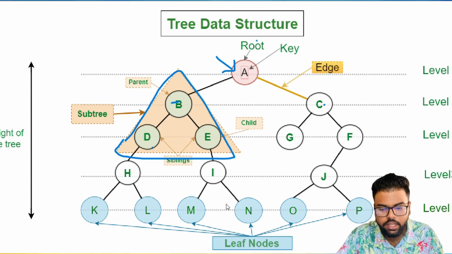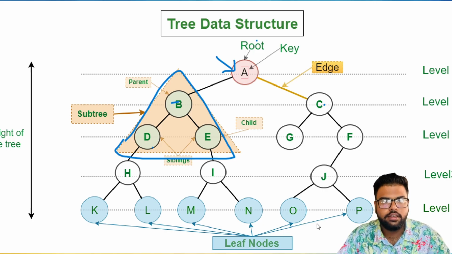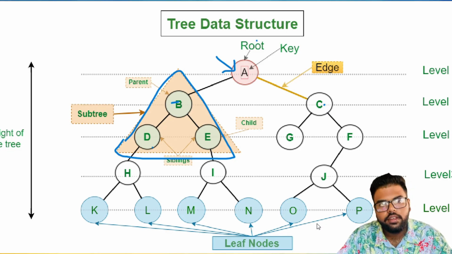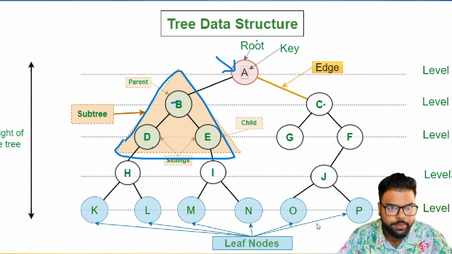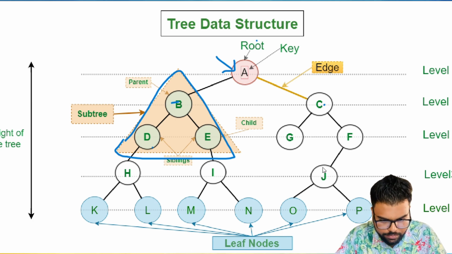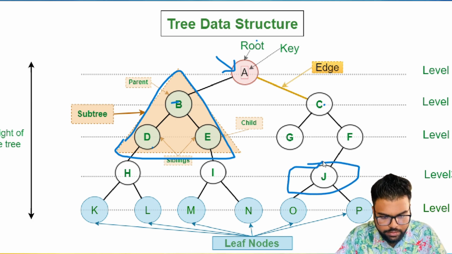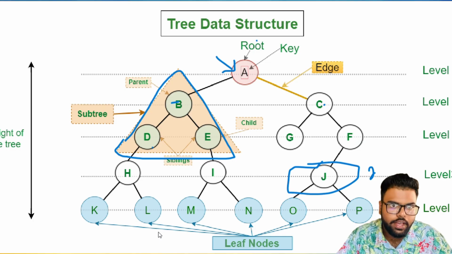Leaf node means a node with no children; their degree is 0. We call them leaf nodes. So I will explain what is degree. Look at this J. Its degree is 2. Degree is how many children a node has.